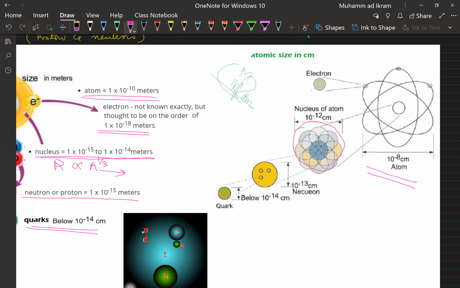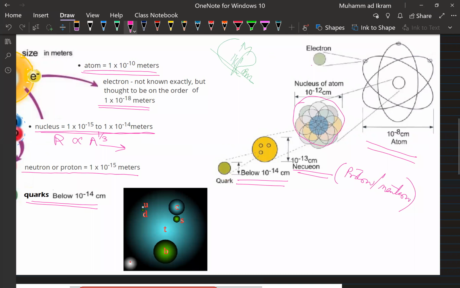And down, the size of the nucleons, protons and neutrons together, is 10 to the power minus 13 centimeter. And then the quark has the size of this.